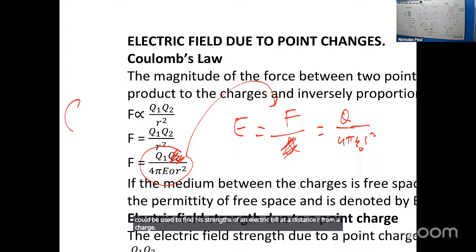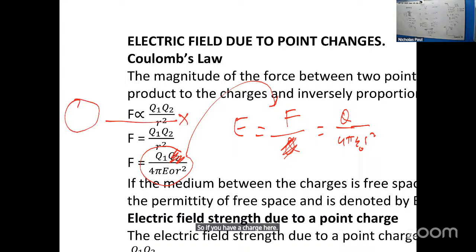So if you have a charge here and you want to find the electric field strength at a point, all you have to do is get the distance and the charge. This finds the electric field strength at a distance r away from a charge of magnitude q.